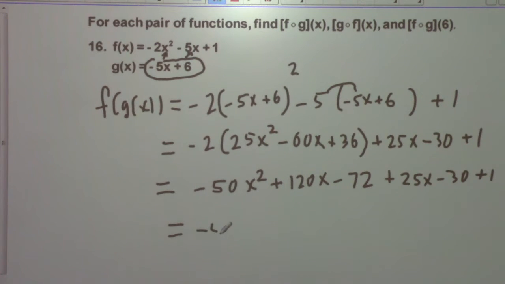Well, we have negative 50x squared, right? And then you have plus 145x, and then you have minus, so that's going to be what? Negative 102 plus 1. So negative 101, is that right? Yeah. So that's f of g of x.